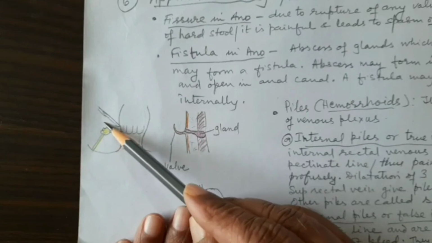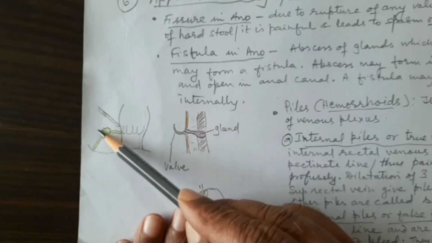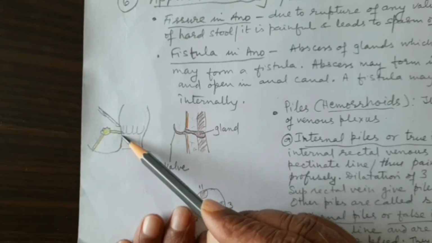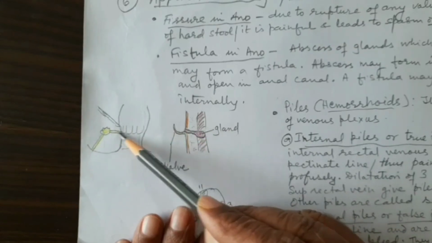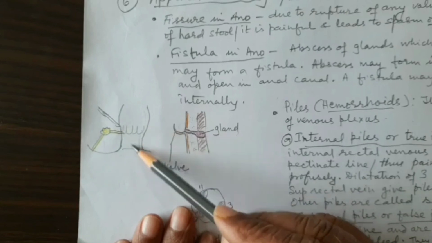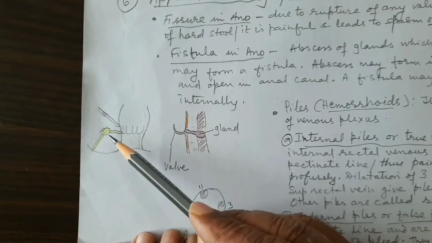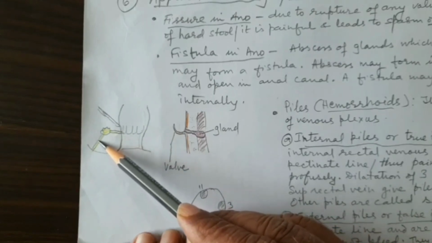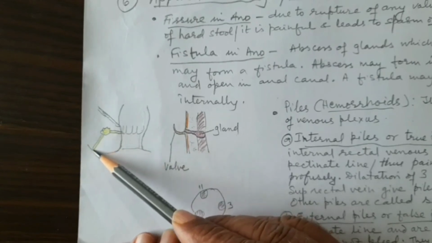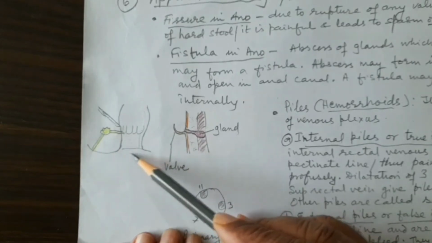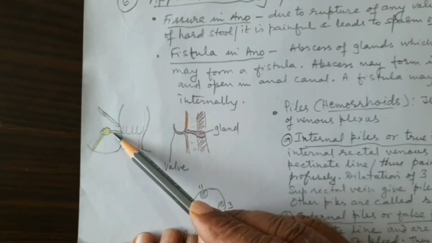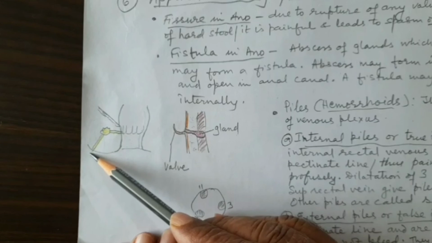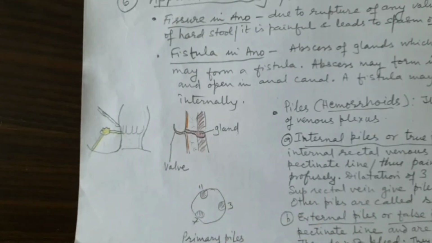The pus may collect here because there is a lot of space to expand. It may communicate through the internal opening where pus discharges into the anal canal, or if it becomes large, it may also open onto the skin by the side of the anal orifice. So there may be two openings of this fistula, an internal opening and one outside, close to the anal orifice, onto the skin.